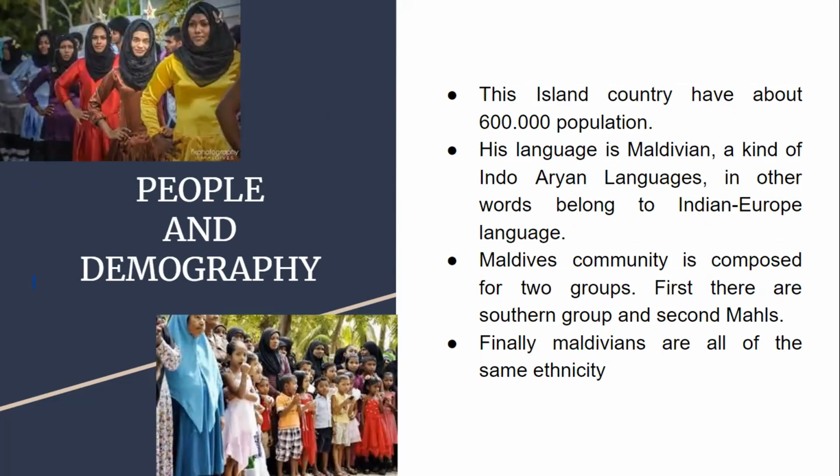Well, hi everyone. I present people and demography. This island country has about 300,000 population. Its language is Maldivian, a kind of Indo-Aryan language.